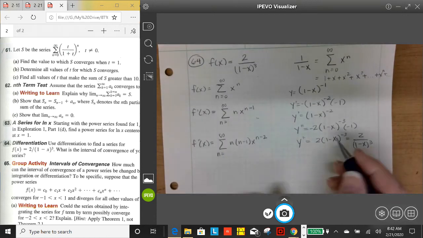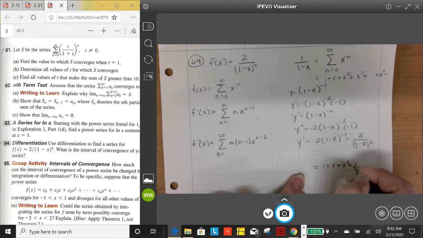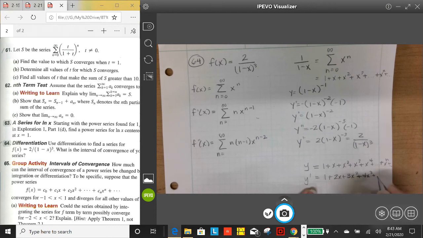So if I were to take the derivative of that power series, 1 plus x plus x squared plus x to the third plus x to the fourth plus dot, dot, dot, plus x to the n plus dot, dot, dot. What do we get? This is y. Y prime would be, well, this goes to 0. Then I get 1 plus 2x plus 3x squared plus 4x cubed plus dot, dot, dot, right?